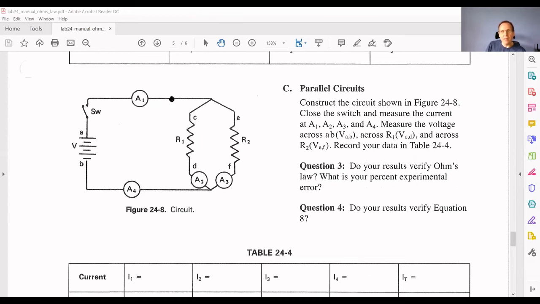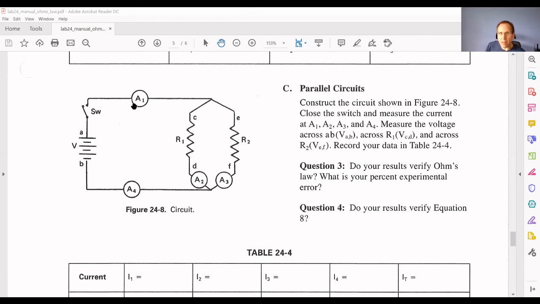Then we have a resistor R1. That's going to be your 10 ohm resistor. This is labeled C, and then D, the two points on opposite sides of the resistor. And then in parallel with that is another resistor R2, and these are labeled E and F. Then you're going to be asked to measure the current at 4 different locations.